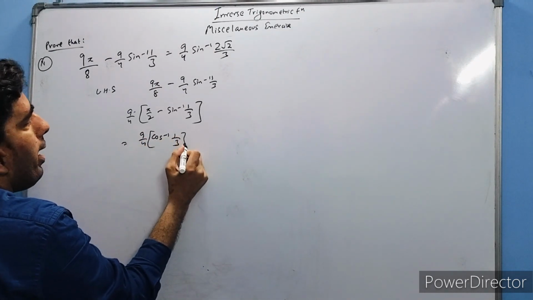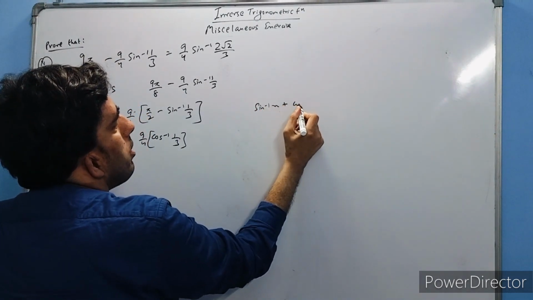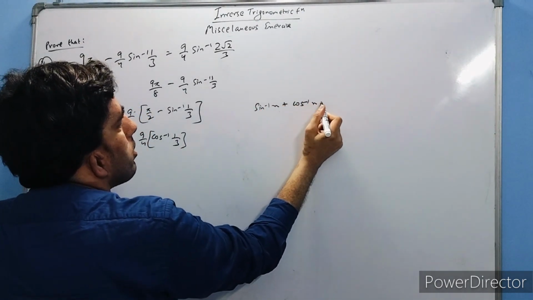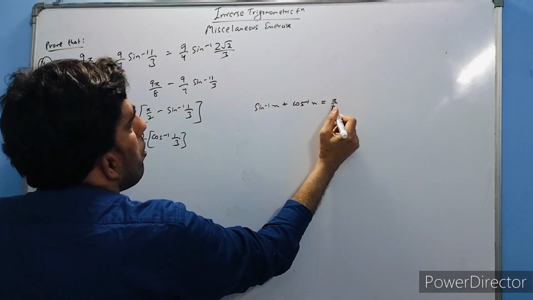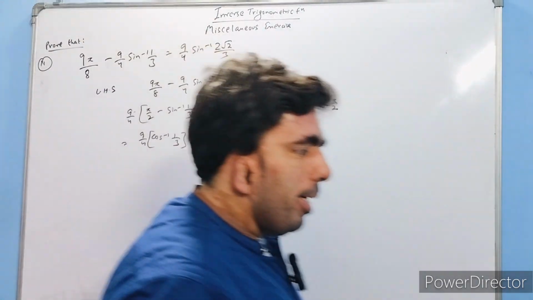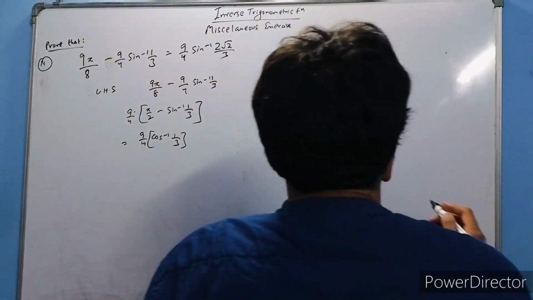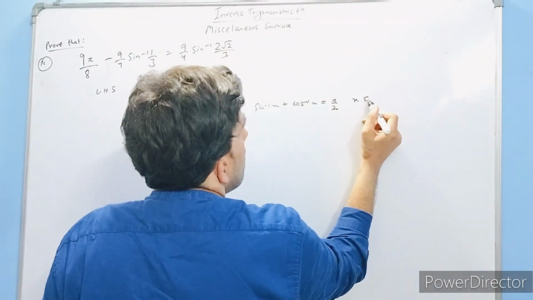Why? Because we know the formula that sine inverse x plus cos inverse x is equal to pi by 2, where x belongs to minus 1 to 1.